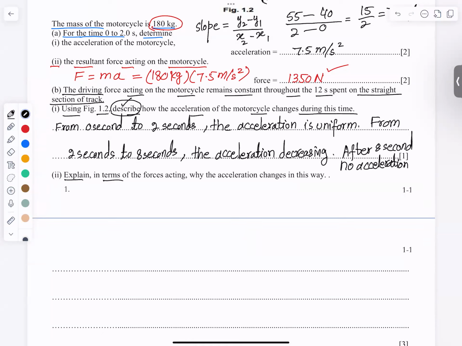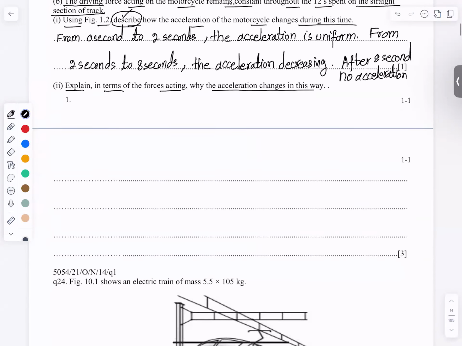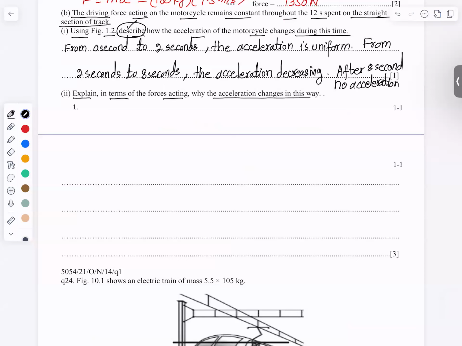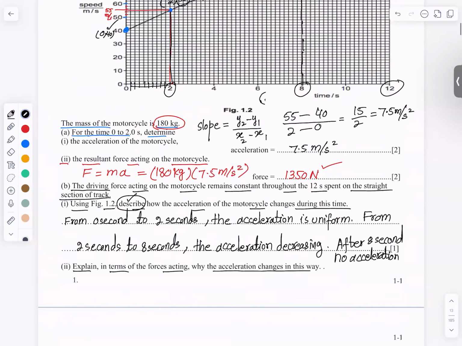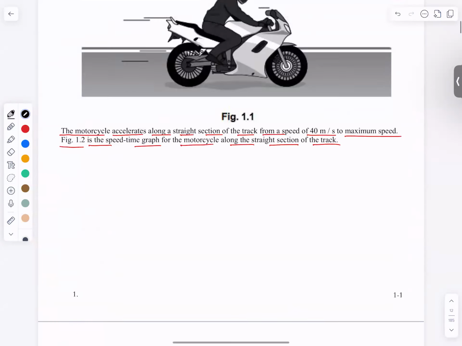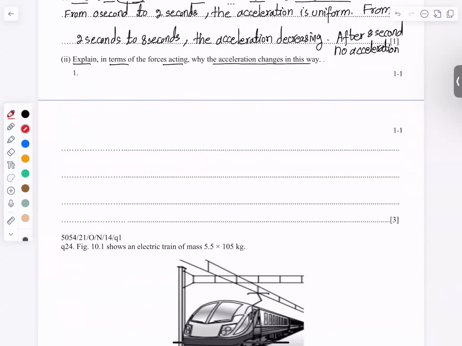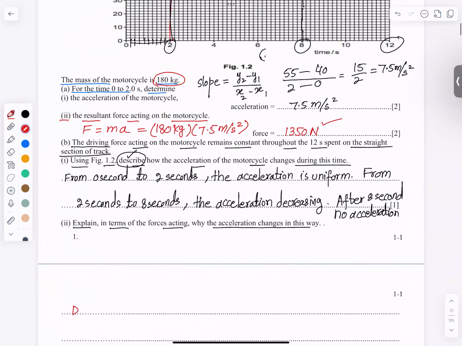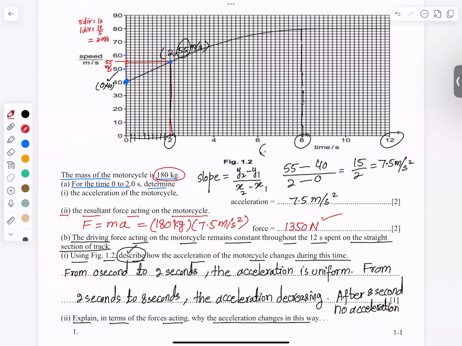Explain in terms of forces acting why the acceleration changes in this way. Basically, after some time, the air resistance goes on to increase because an increase of speed will increase the air resistance. So it's the increase of air resistance which results in a decrease of acceleration. So we can say that driving force is constant as it is given by the examiner, I think.